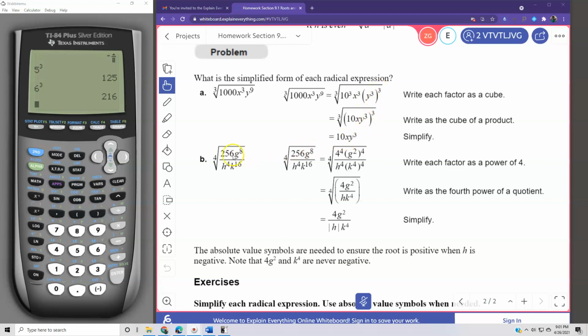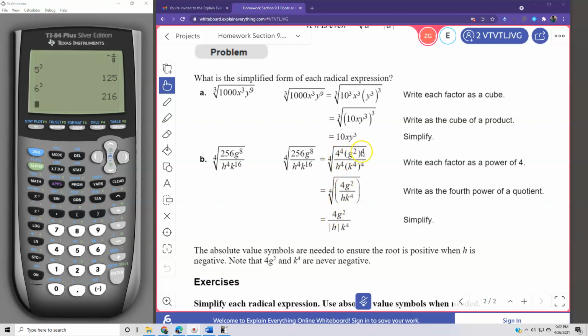Okay? We have b, and we have the fourth root of 256 g to the 8th divided by h to the 4th k to the 16th, and you know the index is 4. So you want to make these all into powers of 4. So 256 is 4 to the 4th, which if you get the fourth root of 4 to the 4th is 4.